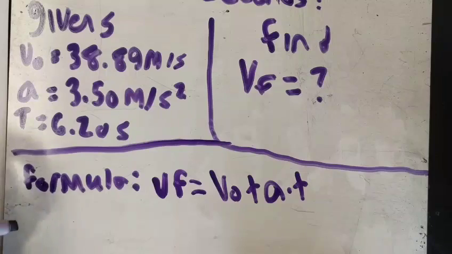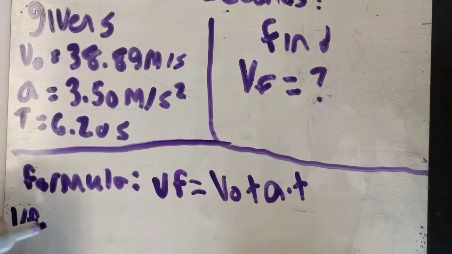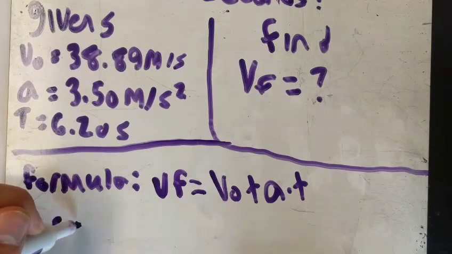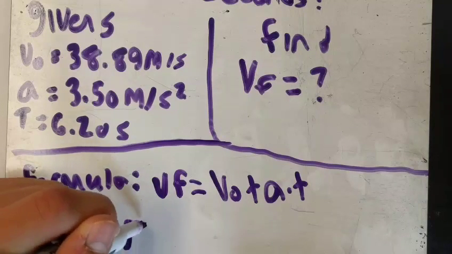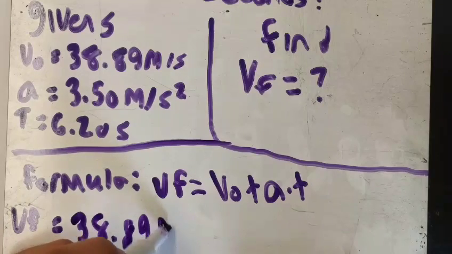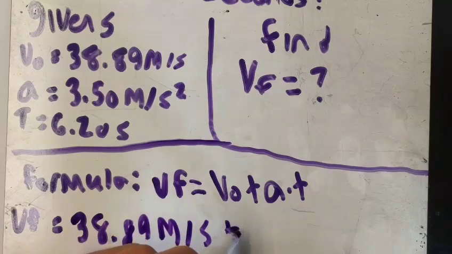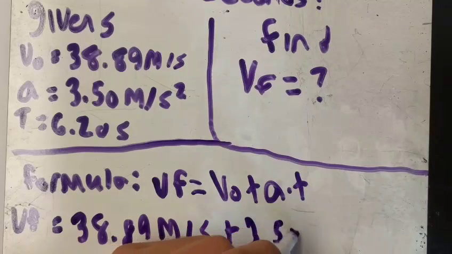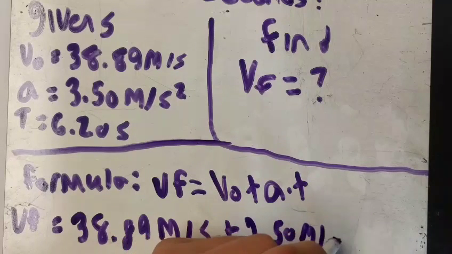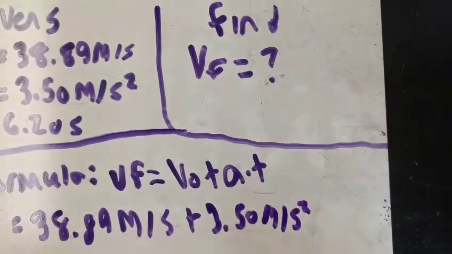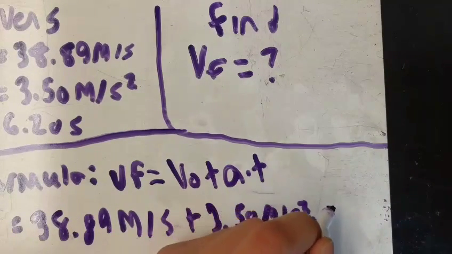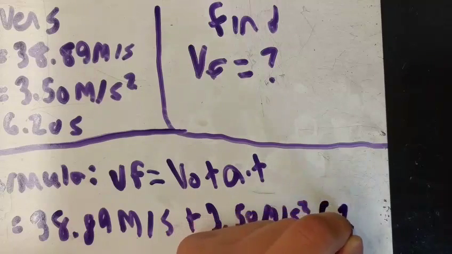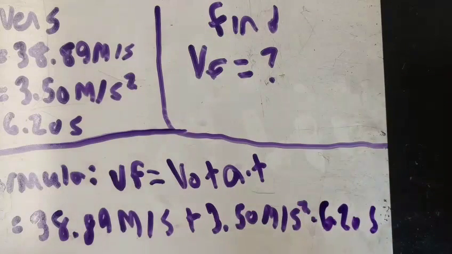So velocity final is equal to our velocity initial of 38.89 meters per second, plus our acceleration of 3.50 meters per second squared, multiplied by our time of 6.20 seconds.